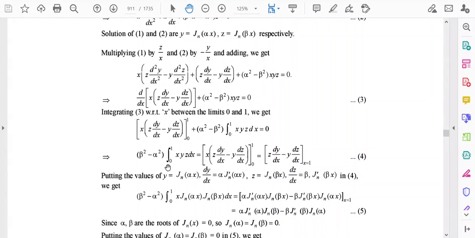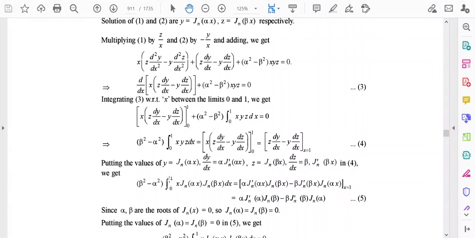And as this integration is like d/dx of, suppose this is z, so dz by dx into dx, dx will cancel out, so the integration of dz is z only. This is the result, and the limit is 0 to 1. So only for 1 we obtain the value, because the limit is for x only. In place of x we write 1, and z dy/dx minus y dz/dx is the result for x equal to 1, and for x equal to 0 it will be 0. That is why we have written x equal to 1.